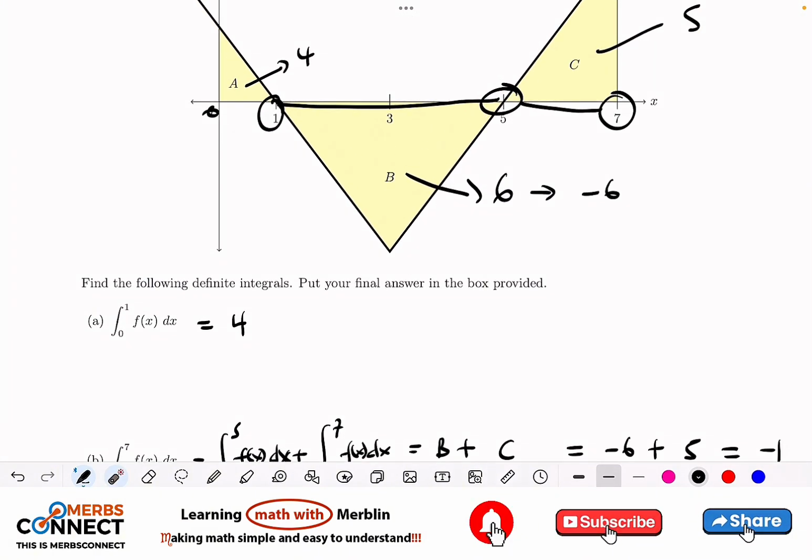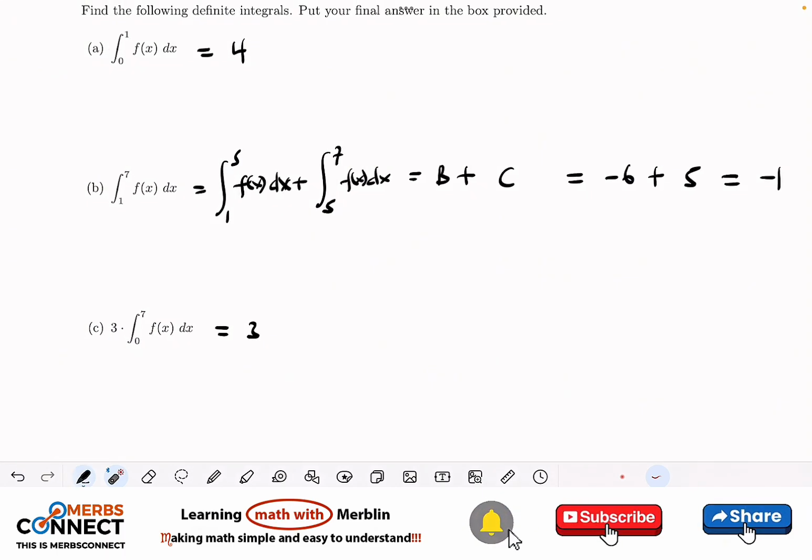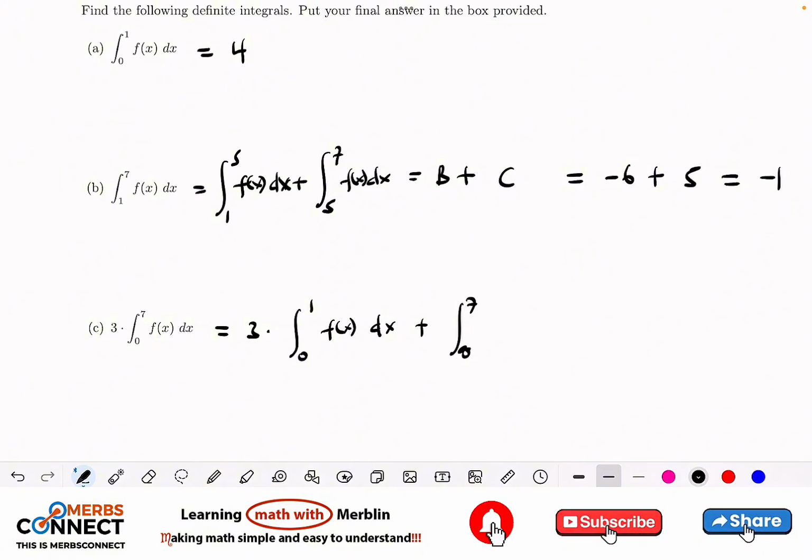So now we have moving from 0 to 7. What we can do is split this one because we've done A and B, right? So this is the same as moving from 0 to 1, f of x dx, plus moving from 1 to 7, f of x dx.